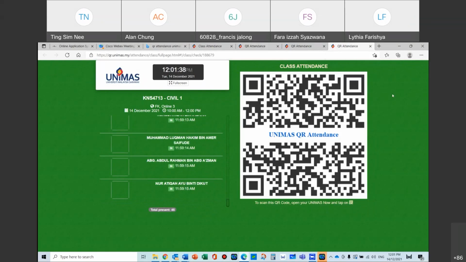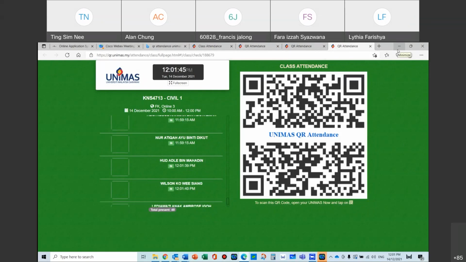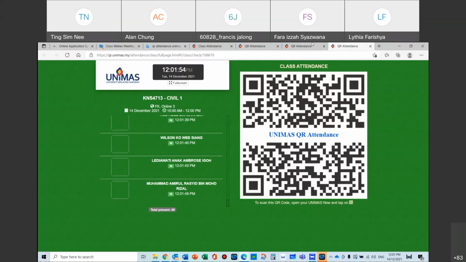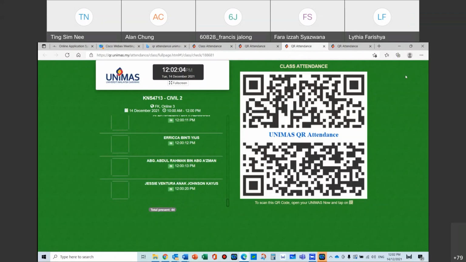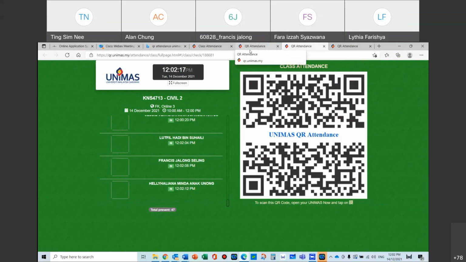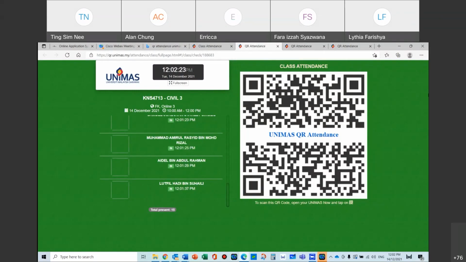Group 1, anyone who hasn't keyed in your QR? The manual one later. Group 2, any more? Group 3, any more?